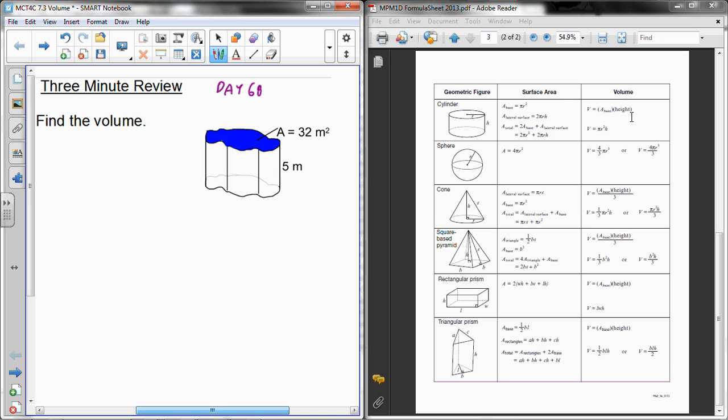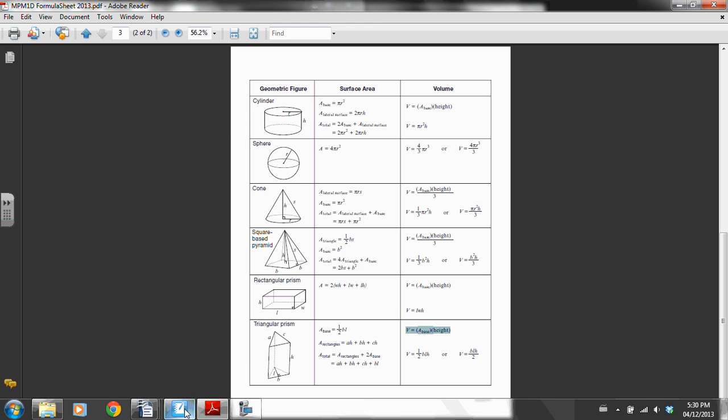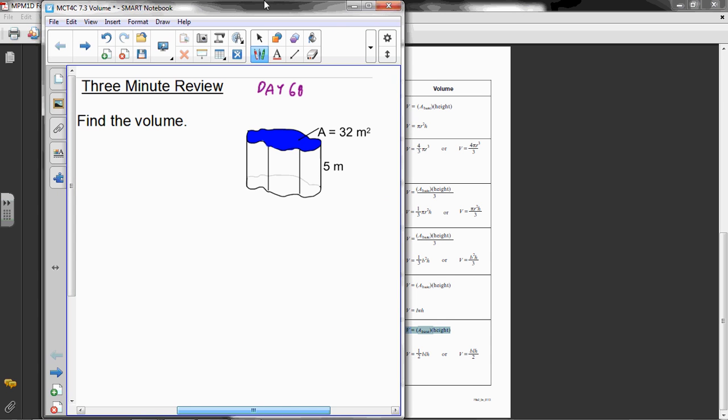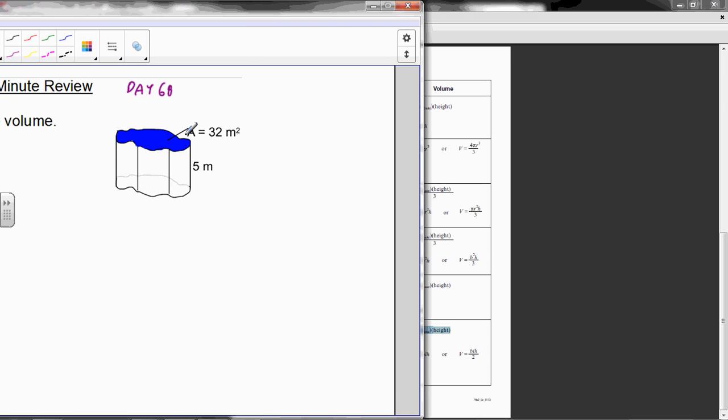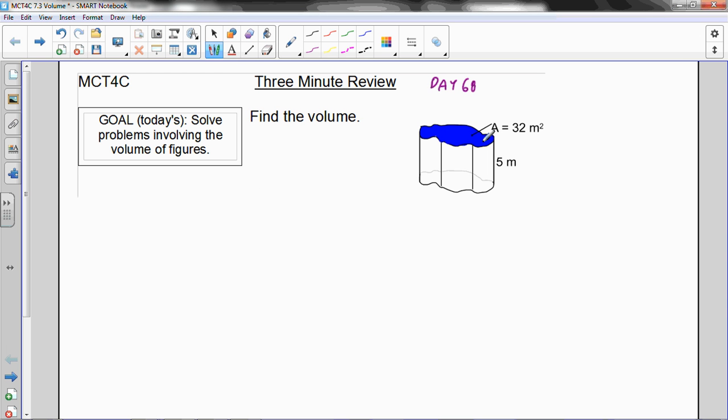Well, there is a formula that keeps popping up, though. Anytime there's a prism, there's this formula: area of the base times the height. And in fact, that's the one I'm going to use. I'm going to use the fact that this is a prism, even though it's strangely shaped, and the area of the base times the height is how I get the volume, because it's a prism, right?